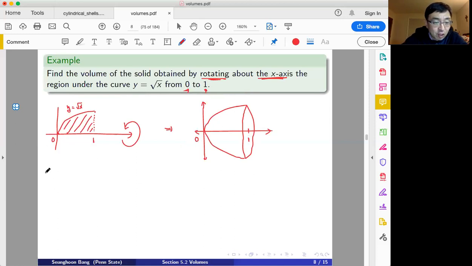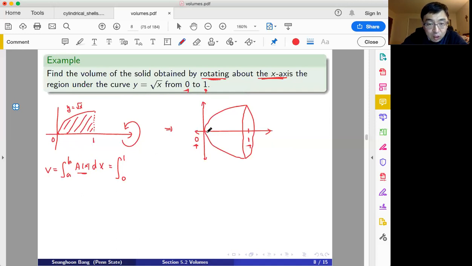Same thing. You can use volume V is integral from A to B of the cross-sectional area dx. You can use the formula. So from here, what is A? A is here, 0 to 1. So we have it. This one. How can you decide AX?